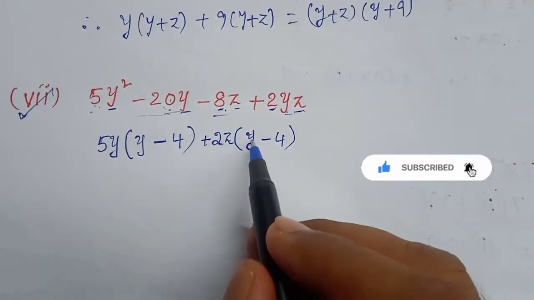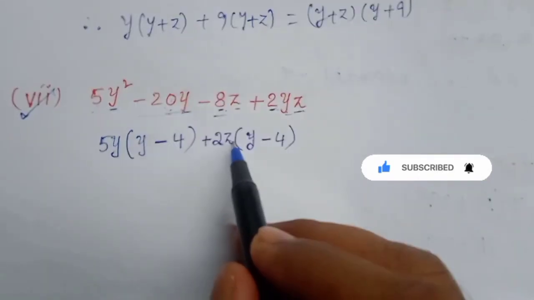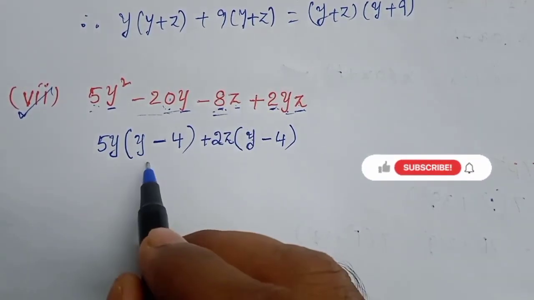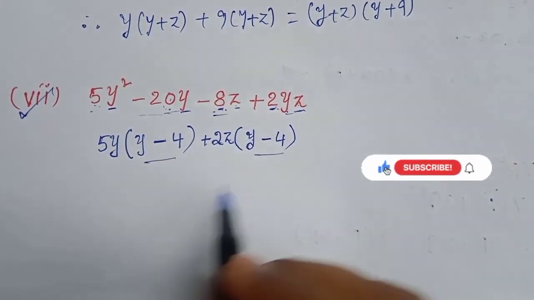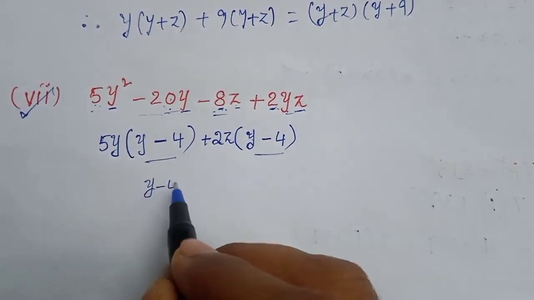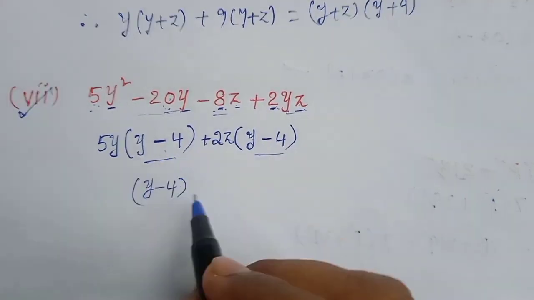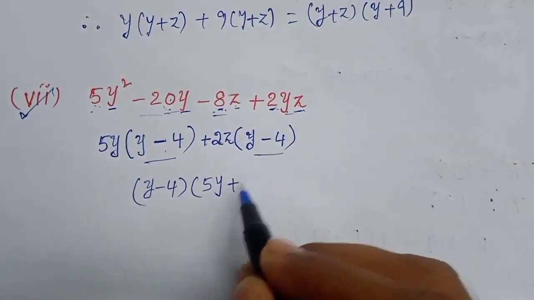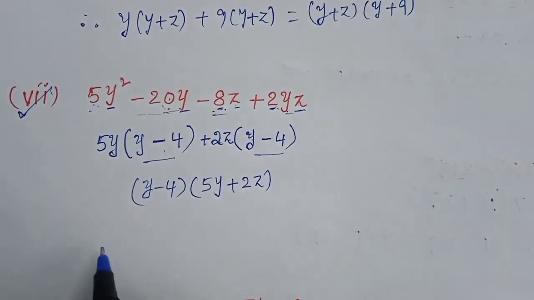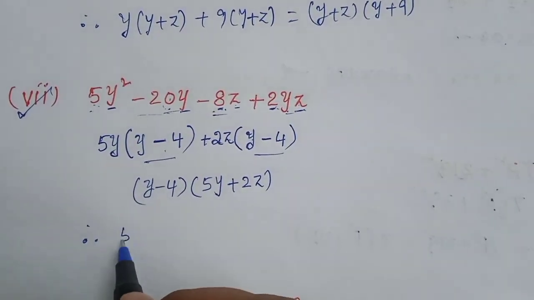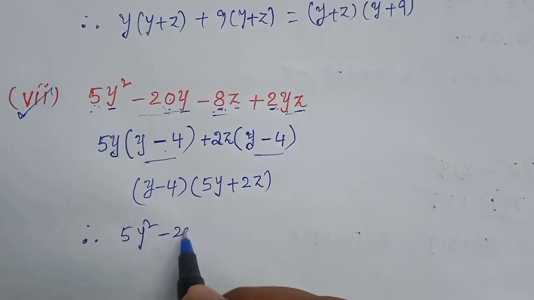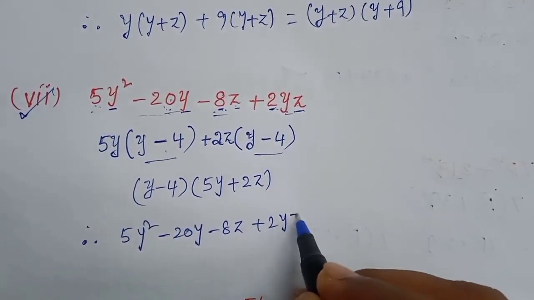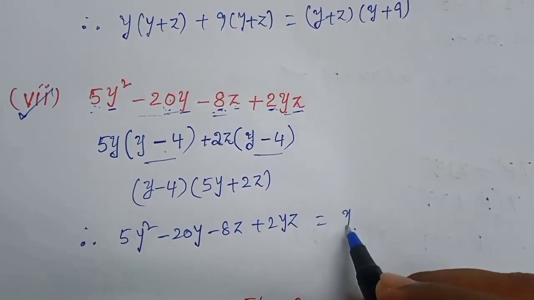See, 2z into y is 2yz, and 2z into minus 4 gives us minus 8z. See, now in both the terms you have y minus 4 as common. So taking y minus 4 as common, then you have here 5y and here plus 2z. So therefore 5y square minus 20y minus 8z plus 2yz is equal to what?